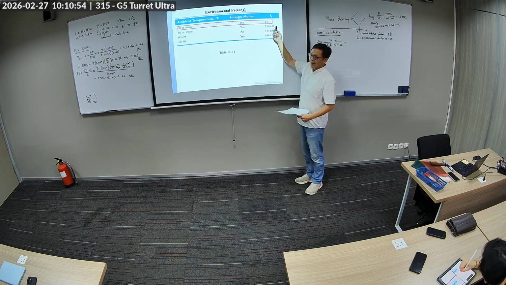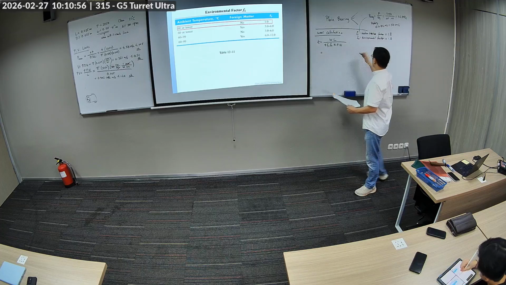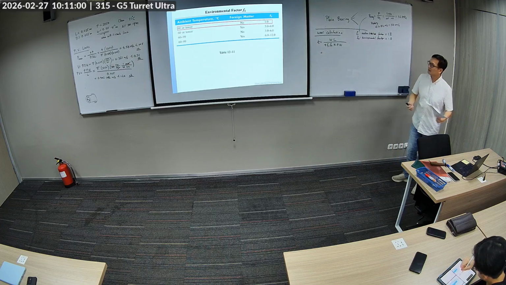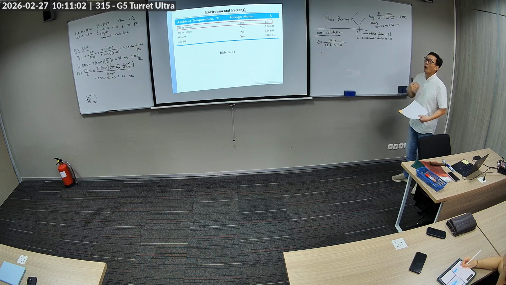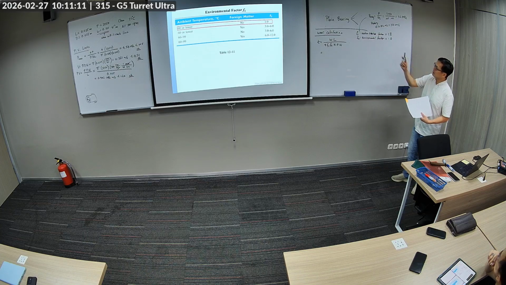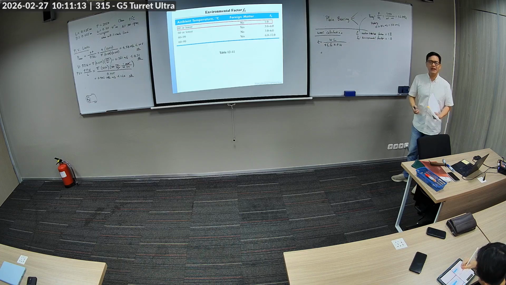So we put a bigger F2. You can think of these Fs like a safety margin. You are estimating how bad it is compared to theory. So for 60 or lower, foreign matter, no, just put 1, meaning no multiplication.